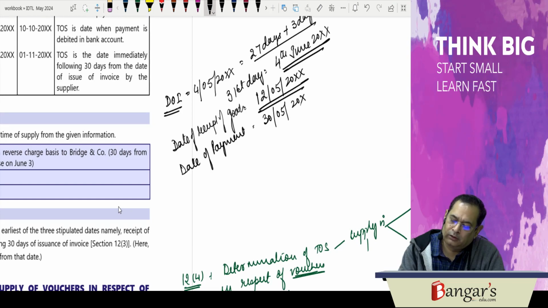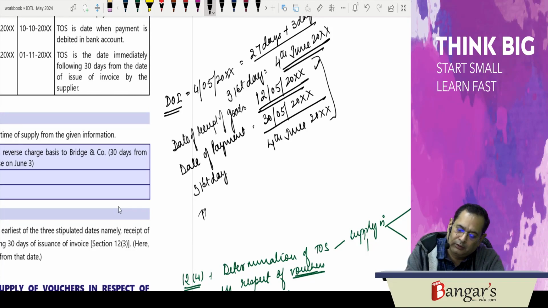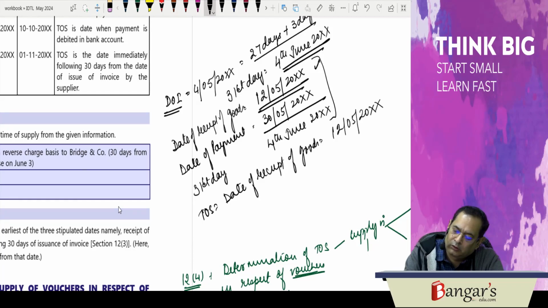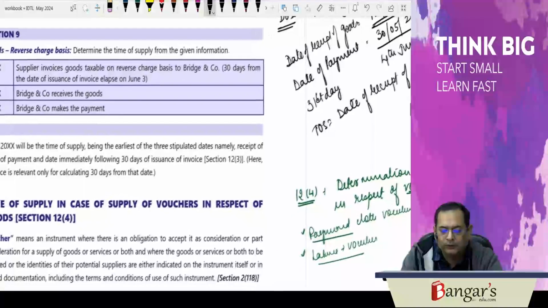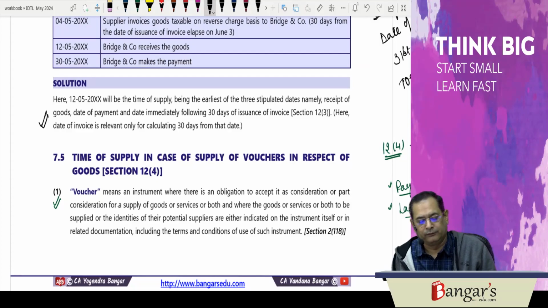And the 31st day from the date of invoice is 4th June. The earliest is 12th May. So in this case, the time of supply will be the date of receipt of goods, that is 12th of May.